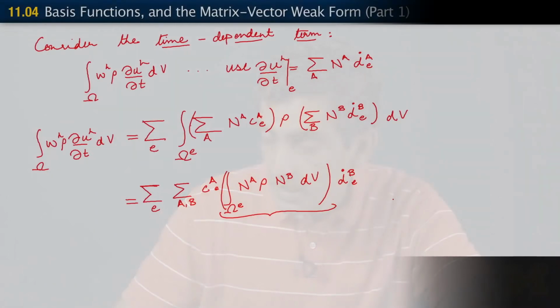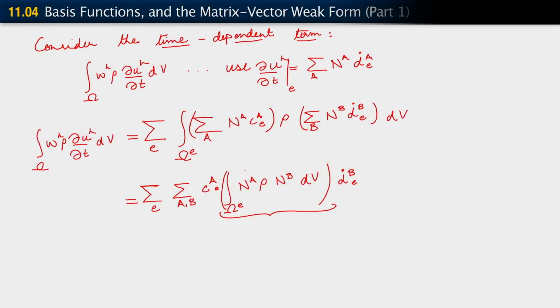If you think about the term that gives rise to our conductivity matrix or diffusivity matrix for this sort of problem, it involves spatial derivatives on the NA and NB. We don't have any of those in this term, so this is a different type of term. I am going to denote this integral MAB sub E.